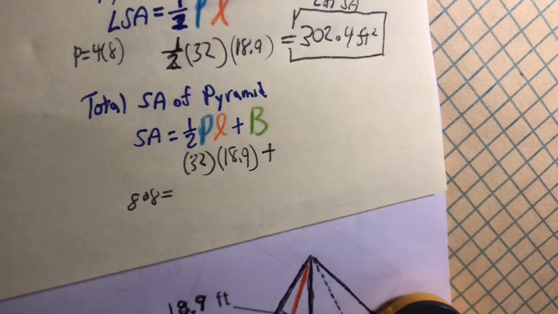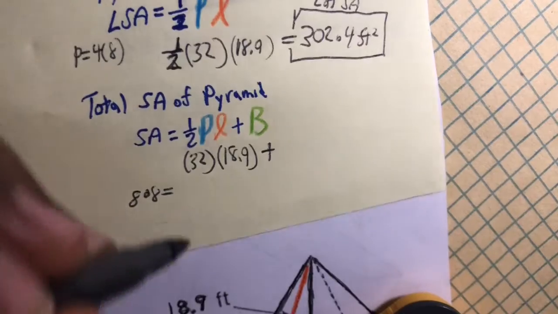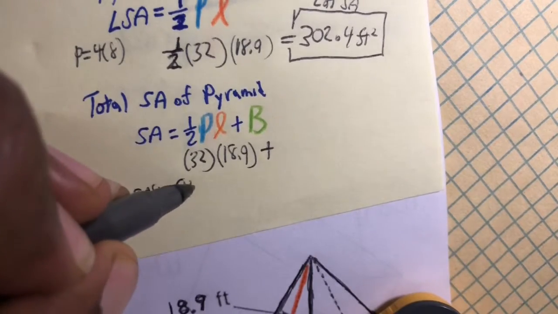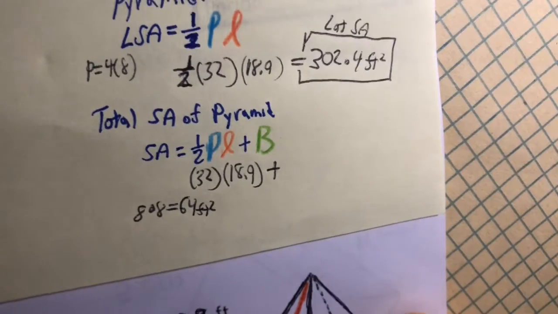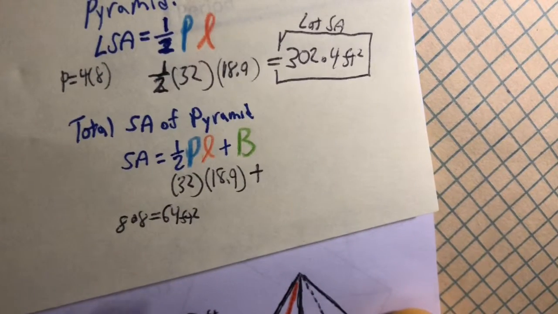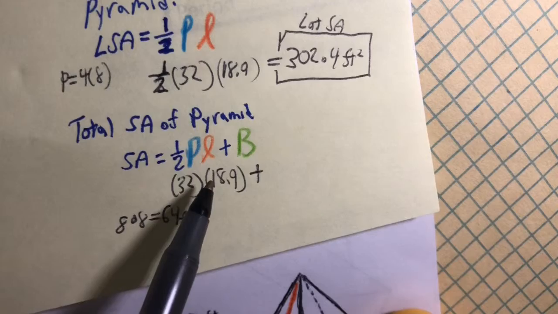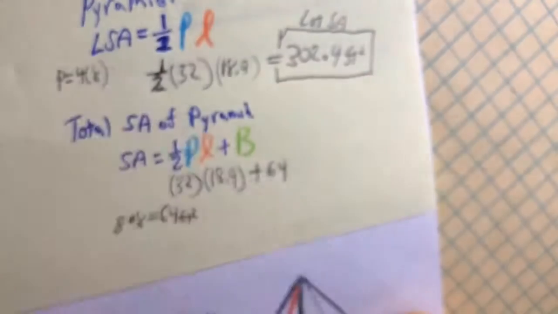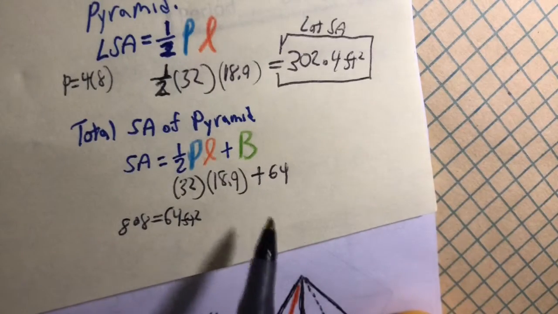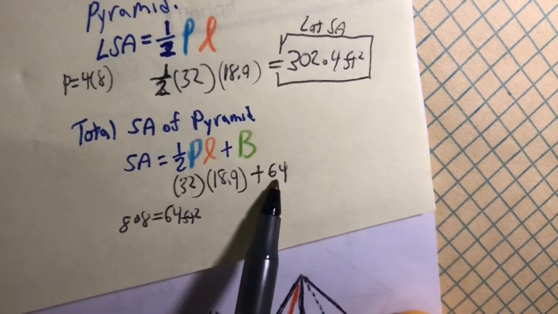That's actually feet squared because it's area. Area is always feet to the second power. So I have 32 times 18.9 times 64. Well, I'm not timesing that, I'm actually adding 64.